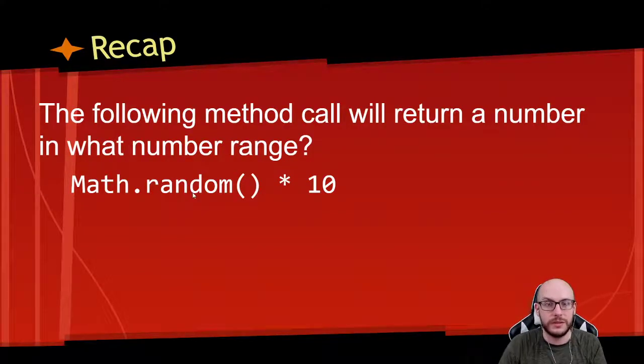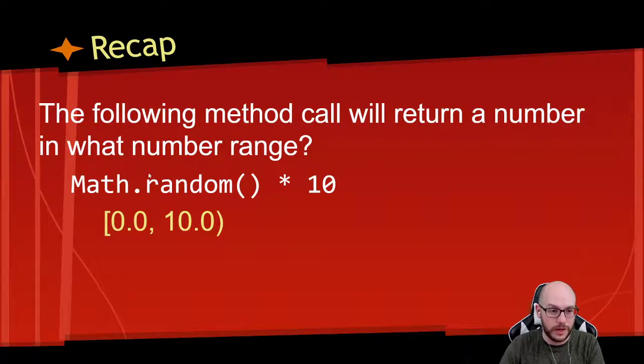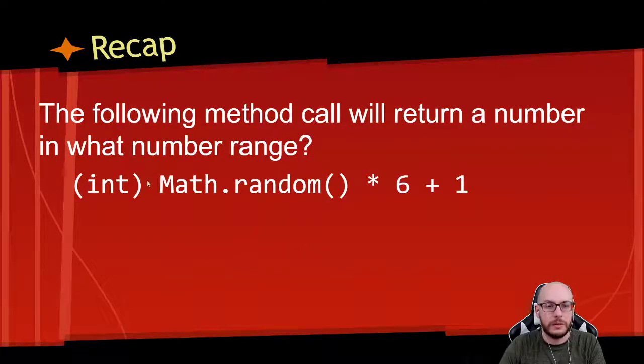Well, it's going to give us 0.0 on the low end. On the other end, I'm going to multiply that 1.0 times this 10, and that's going to give me almost 10, but not quite. So your number range looks something like this. Right? I'm multiplying the 10 by the lowest number that was possible out of this. I'm multiplying the 10 by the highest number that's possible out of this, and that's how we get this number range. Once we bring casting into it, things are a little bit different.